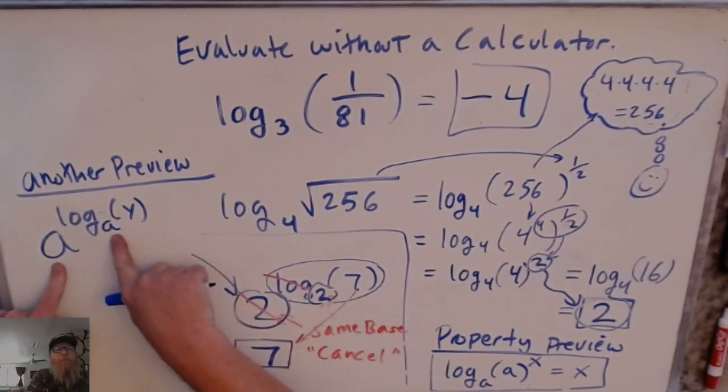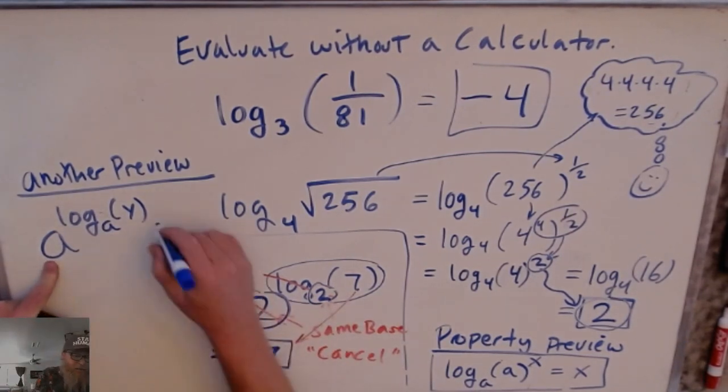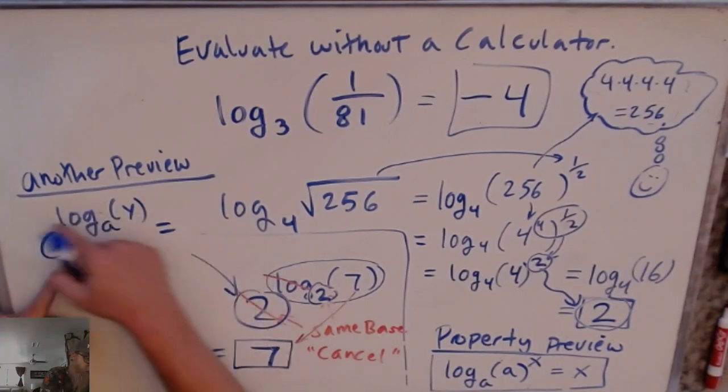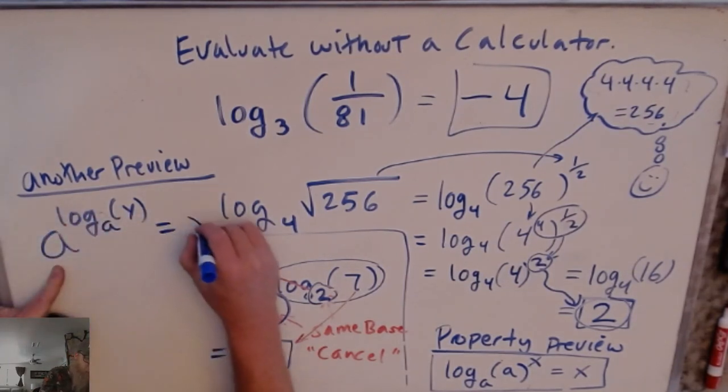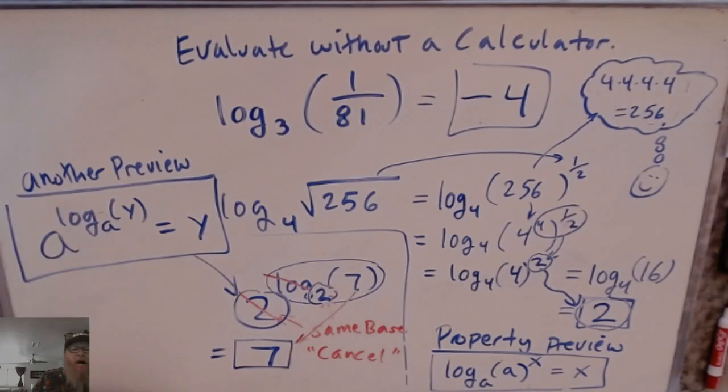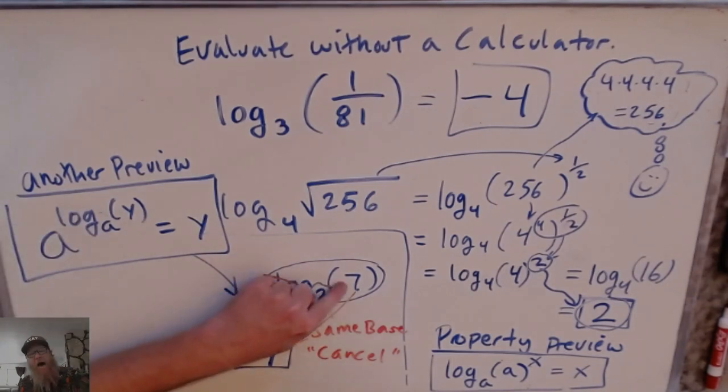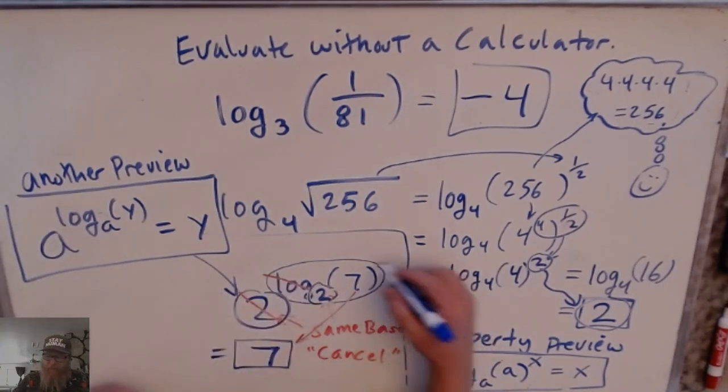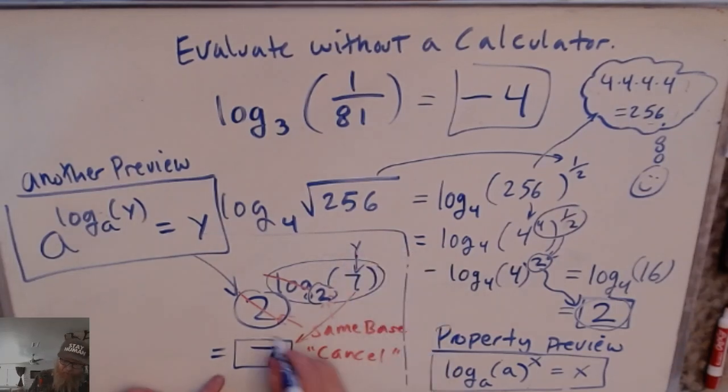In this property, the bases are both A. You can cancel out the log base and the exponential base, and just say it's equal to y. y is the argument inside of here. So you just get your y is 7.